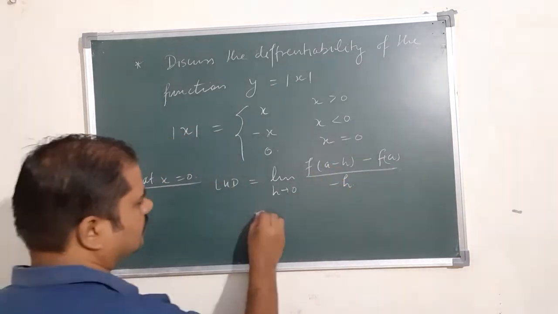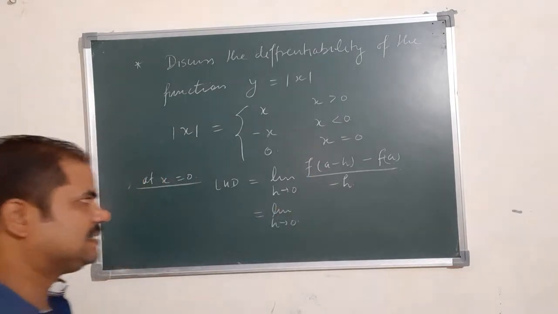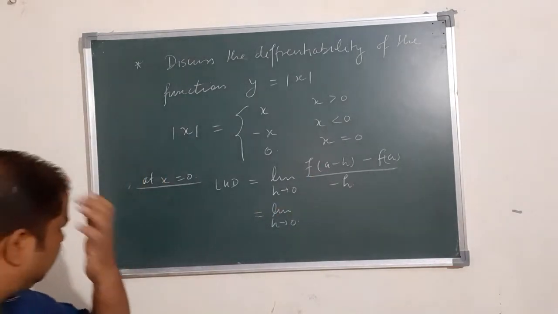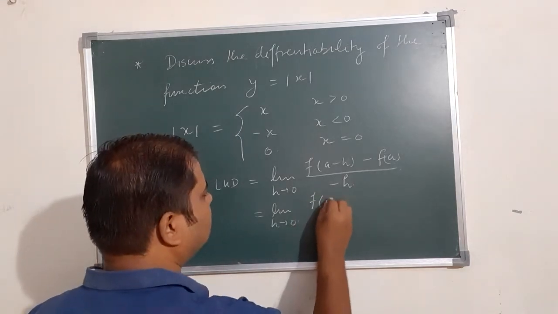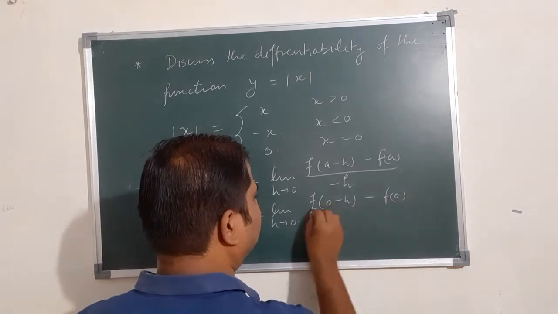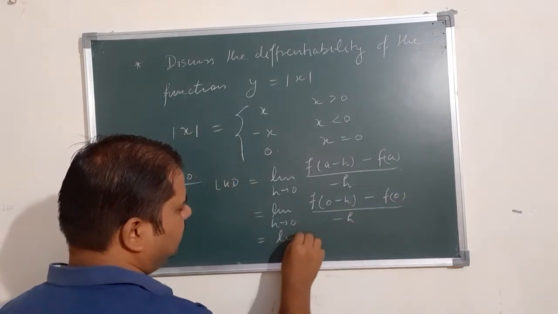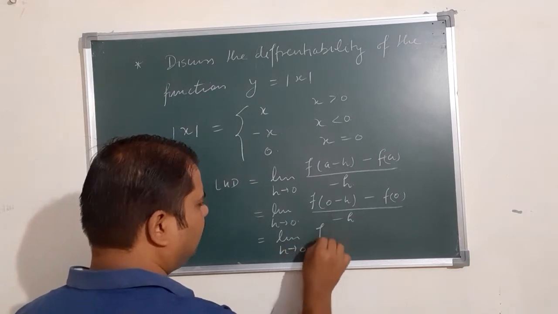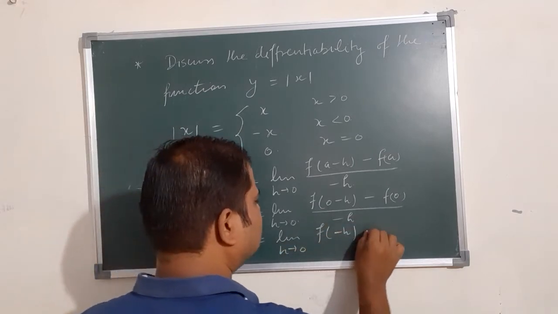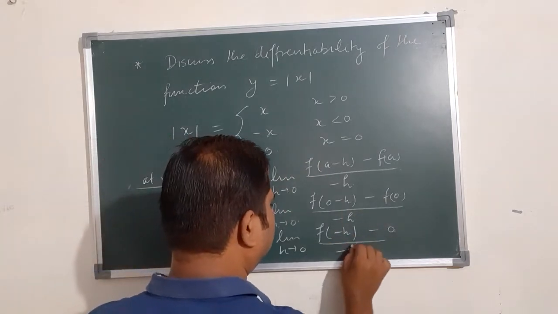That means limit h tends to 0 of f(0 minus h) minus f(0) divided by minus h, and this is limit h tends to 0 of f(minus h), f(0) is given 0 only, divided by minus h.